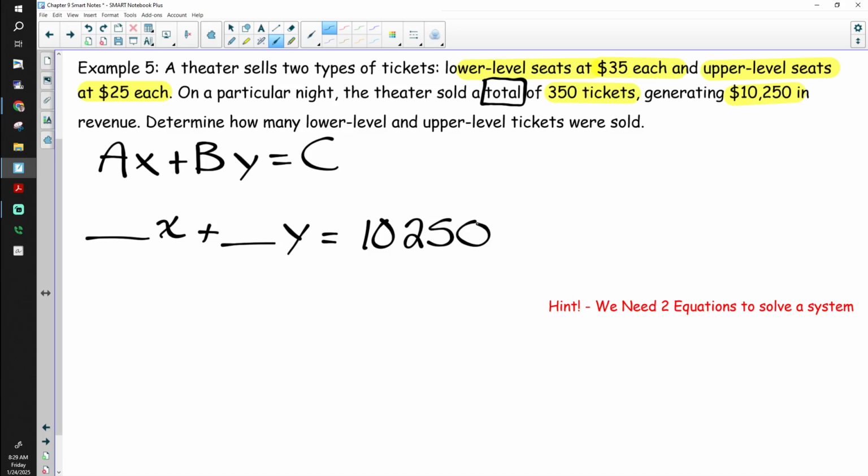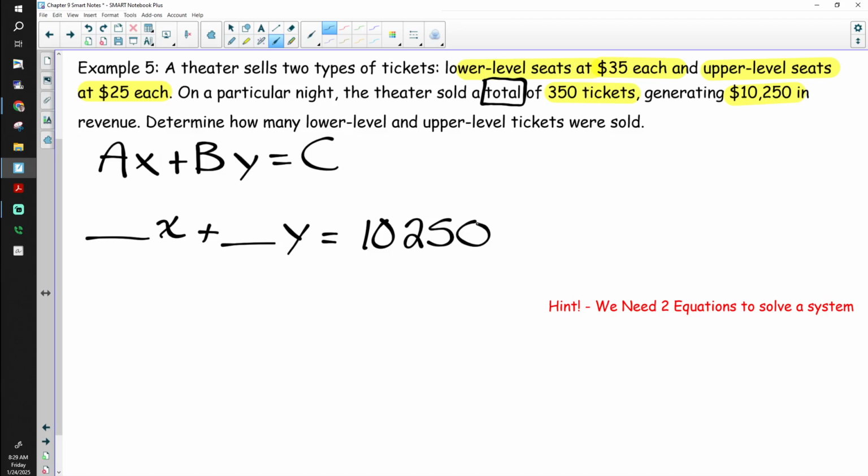Why doesn't 350 fit in with the other three? What do the other three have in front? They have a money sign, a dollar sign. We have $35 each, $25 each, and a total of $10,250. And then we have 350 tickets.